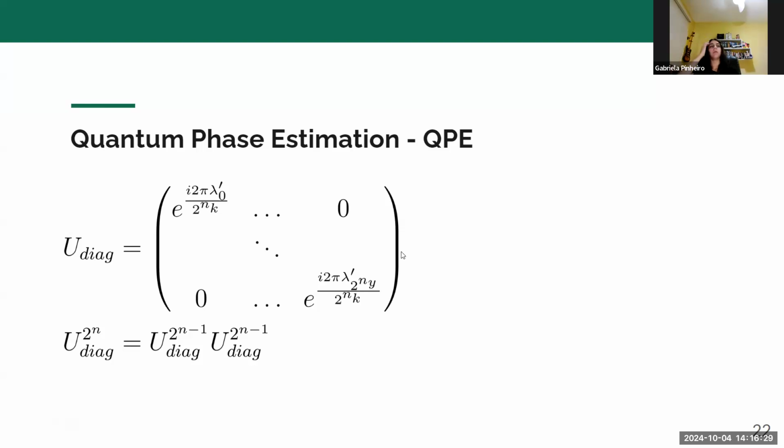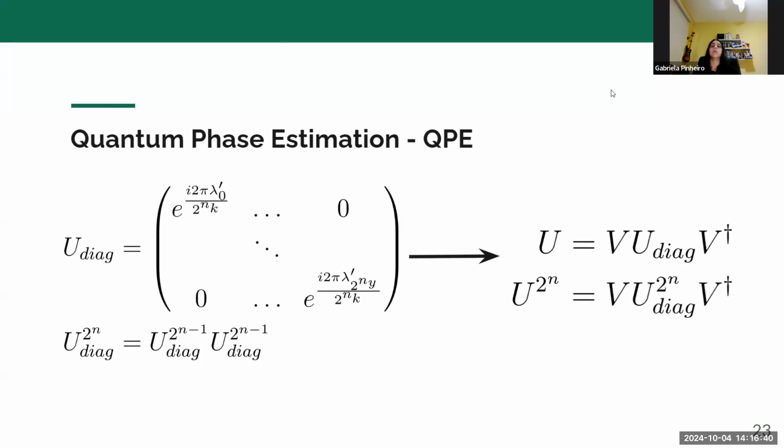Each unitary will be controlled by a single qubit. And we use those diagonal unitary operations to create the actual unitary operator that we calculated, using the U diagonals multiplied by each eigenvector times the conjugate transpose of each eigenvector.